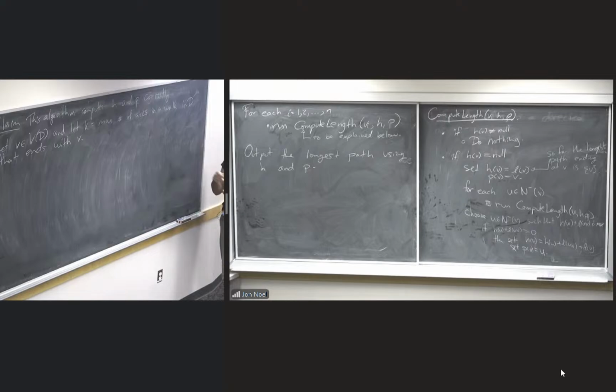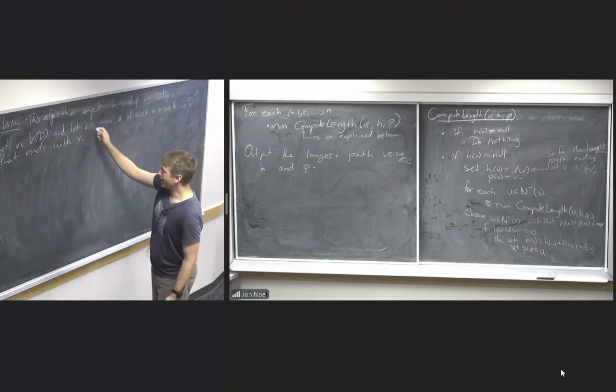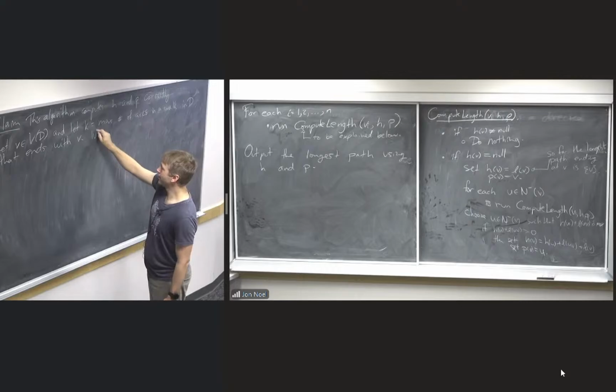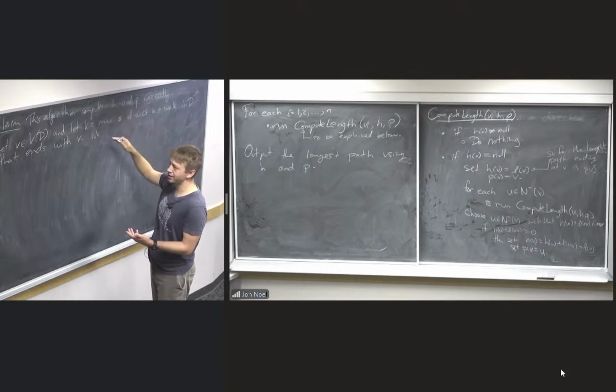The length of a path is the sum of the lengths. So for this particular vertex v, k is the maximum number of arcs in a walk that ends with v. And we're going to prove that this thing is correct by induction on k.